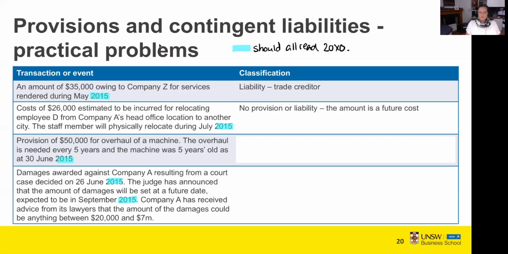This is a future cost. Nothing has happened yet. There is no present obligation. This is a planned transaction, but there has been no obligating event yet, and they could avoid this expenditure by changing their mind, for example. So no provision or liability in this case.